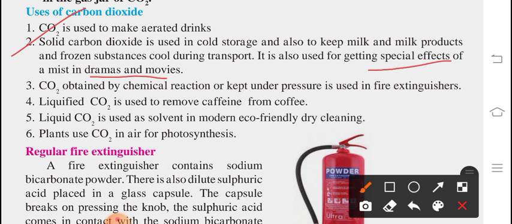CO2 obtained by chemical reaction or kept under pressure is used in fire extinguishers. Liquefied CO2 is used to remove caffeine from coffee. Liquid CO2 is used as a solvent in modern eco-friendly dry cleaning. Plants use CO2 in air for photosynthesis. This is the common point which we know.